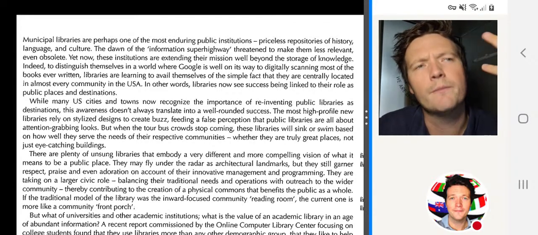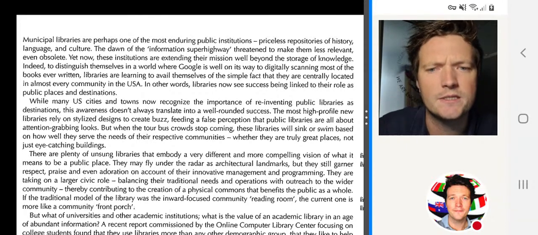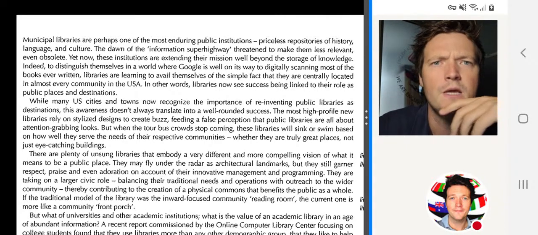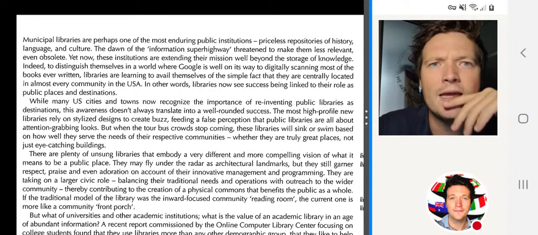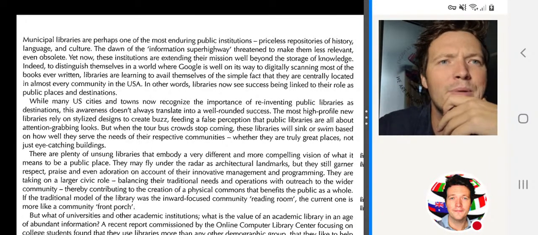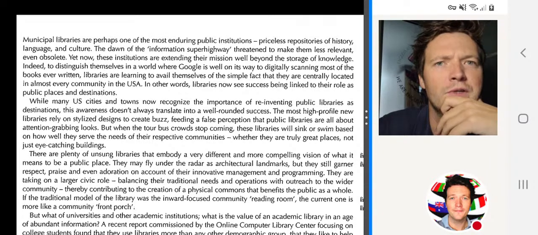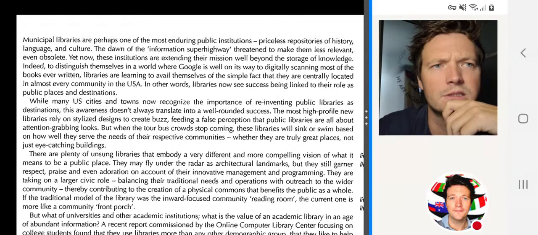Okay, so he's talking about the internet, how the internet is threatening libraries' existence, okay? Yet now, and it seems like now he's getting to his point, yet now these institutions are extending their mission well beyond the storage of knowledge. So he's saying they're changing their role, I guess, in society.